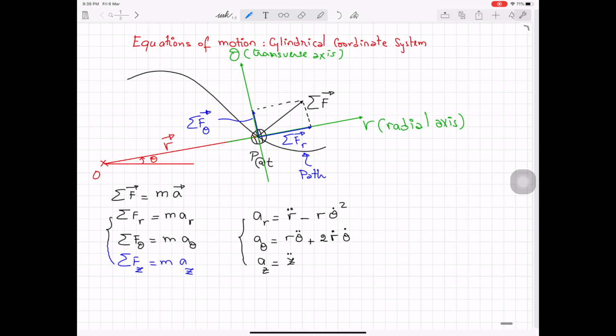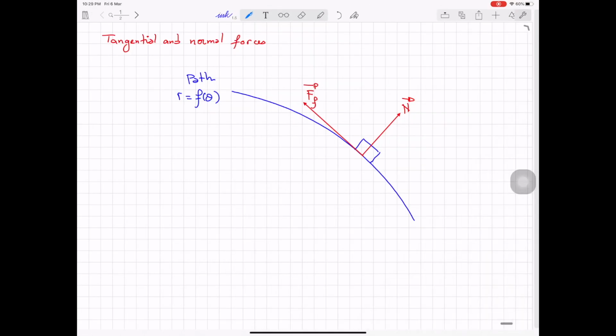Let's treat the case of the existence of tangential and normal forces, and we are still going to use the cylindrical coordinate system, the polar coordinate system in this case. And of course, you will need to resolve those normal and tangential forces into the radial and transverse axes.